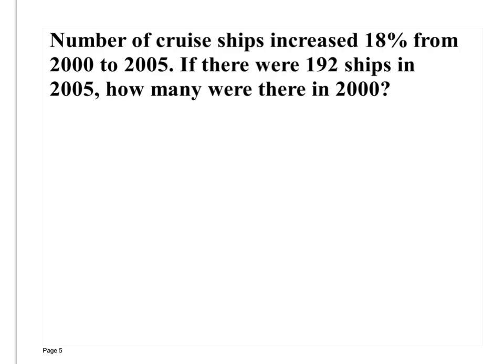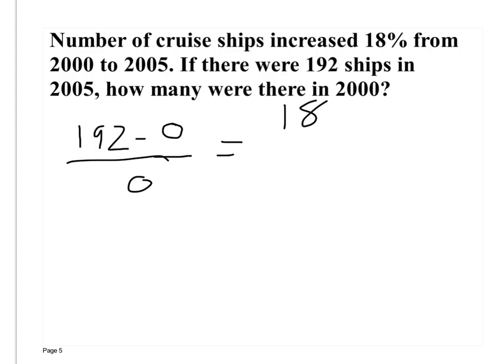We're going to do 192 minus our original, 192 minus the original. And we're going to put that over our original amount. Then it's going to be equal to 18 over 100 because it was 18%.